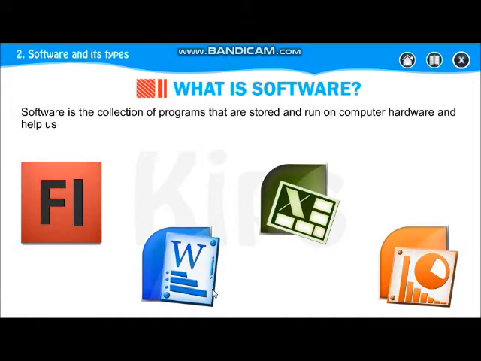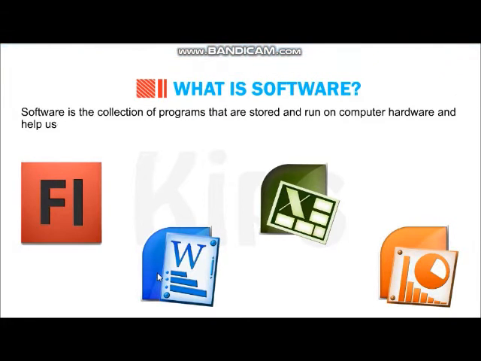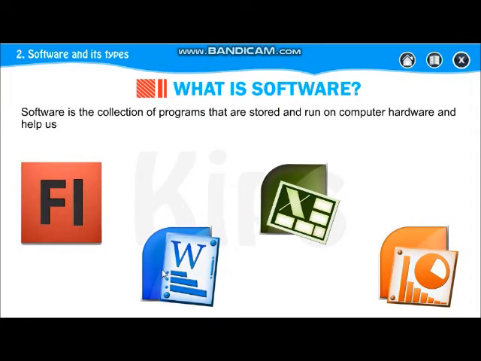So software is a collection of programs that are stored in a computer, run on a computer, and make hardware also run with the help of software. We cannot run hardware without software.